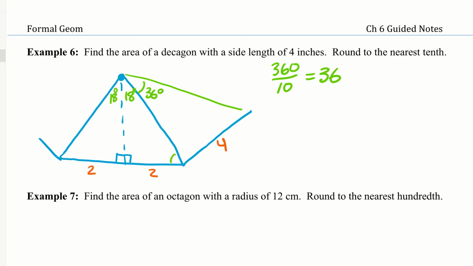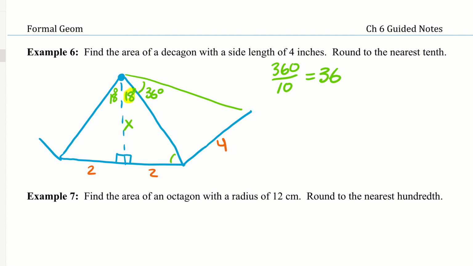And right away we can see that we don't have a special right triangle, but we have an angle, we have a side, and we have our missing side, which is our apothem, which I'll call x. So this is going to be a scenario where a trig function would be the best approach to this problem. If I want to find what x is, I have to start at the angle that I know.